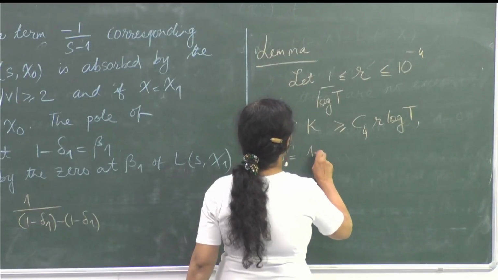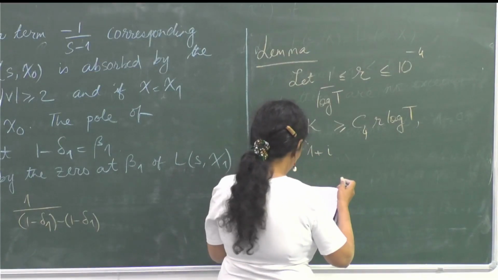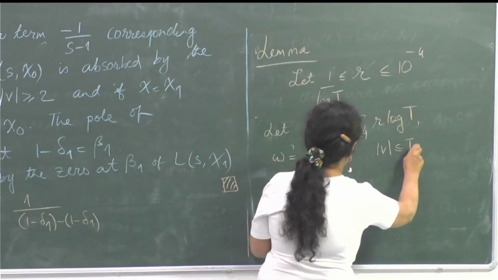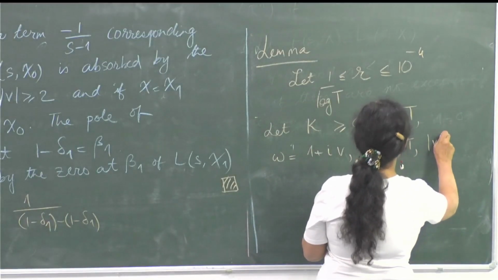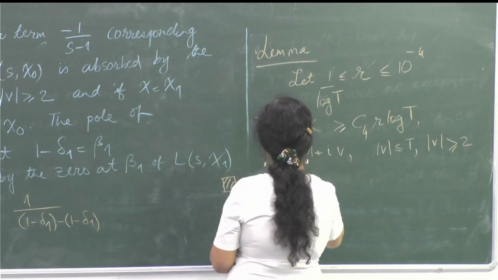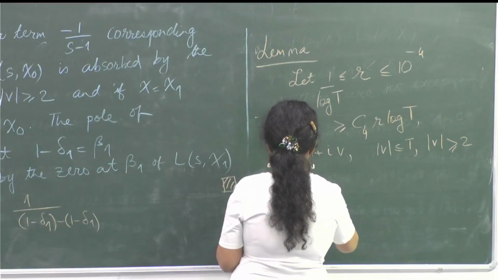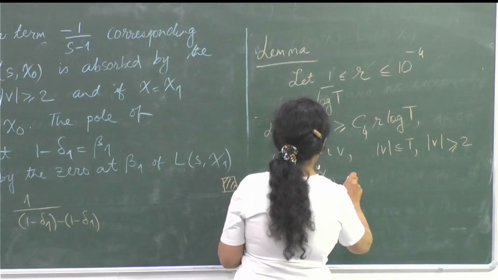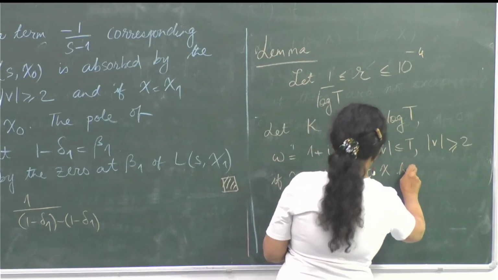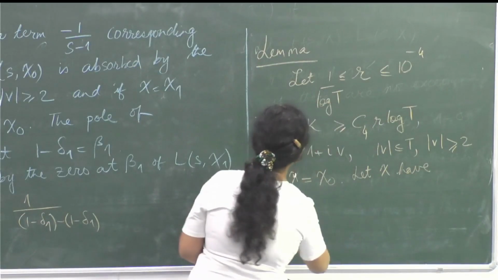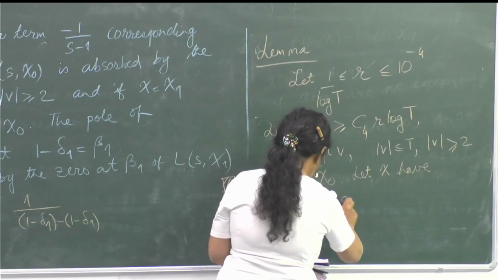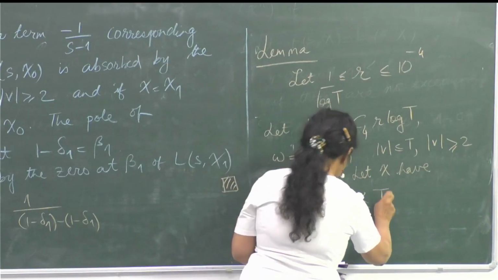Omega is 1 plus iV, V is less than or equal to T, V is at least 2. If chi is, so the same sort of conditions, and chi has modulus bounded by q less than or equal to T.